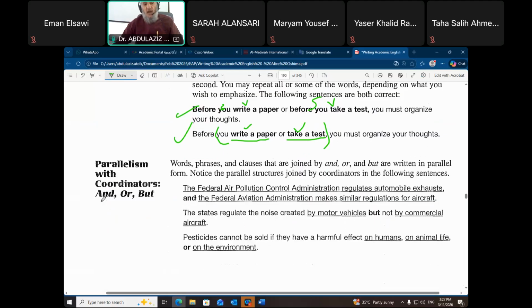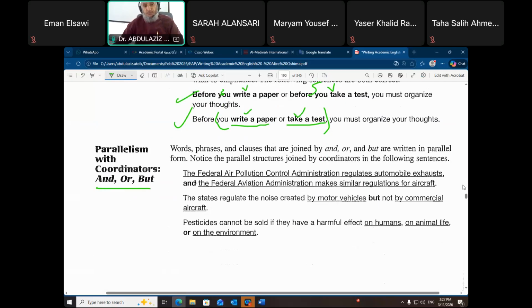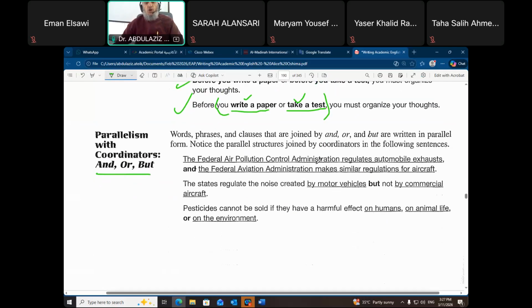Okay, so now here, if we study and, or, but, look, the Federal Air Pollution Control Administration regulates automobile exhaust, and the Federal Aviation Administration makes similar regulations for aircrafts. Now, all this is a full independent sentence, an independent clause, IC. And this one also is an IC.